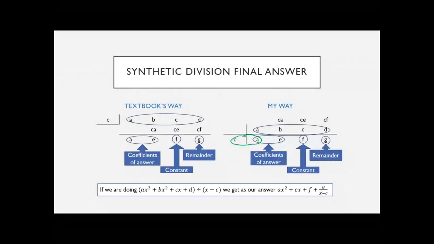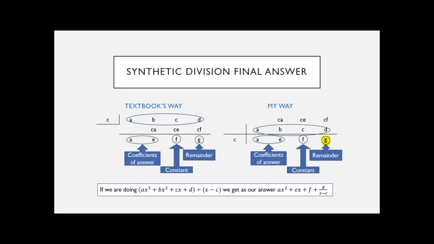You multiply C times A, that gets written on top. You add together, and that gives you a new number E. And then you multiply C times E, that gets on top. Add it to C, you get a new number F. I have it written so you can see that pattern, and I'm just labeling each new number as a new letter. So you've got these numbers now in the bottom here.